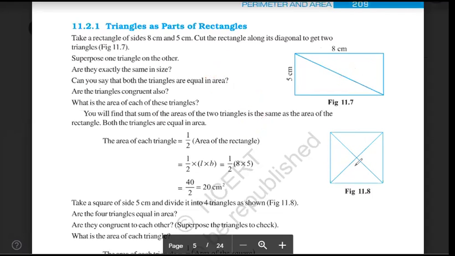Now there's an interesting fact about square: for square, the diagonals intersect at 90 degree. This is one property that you should remember.